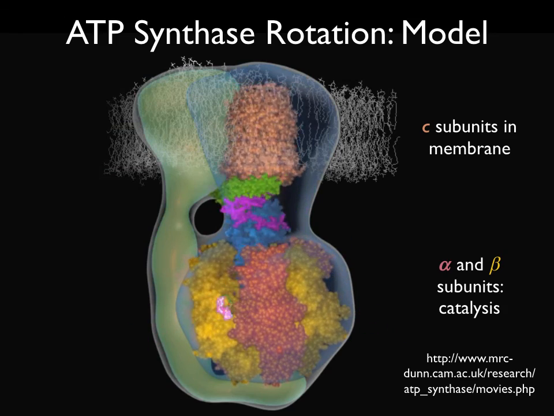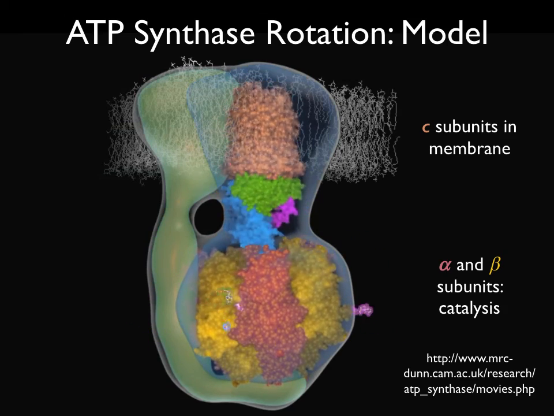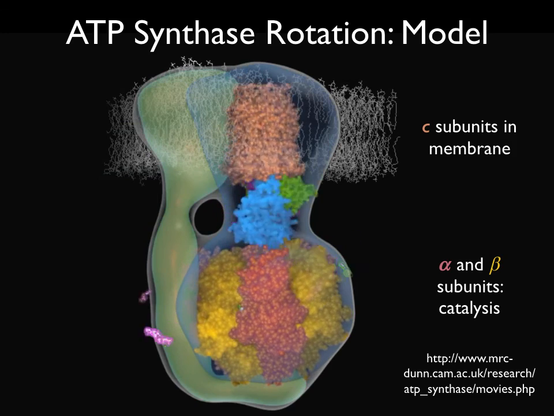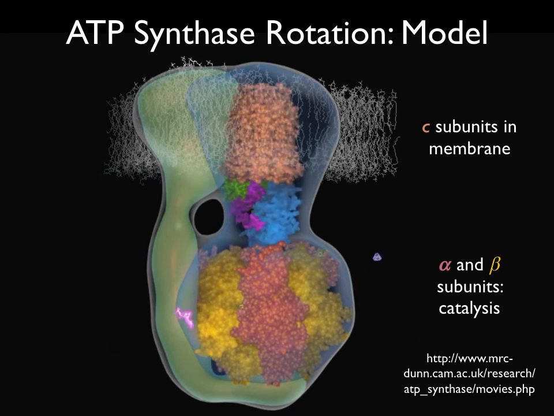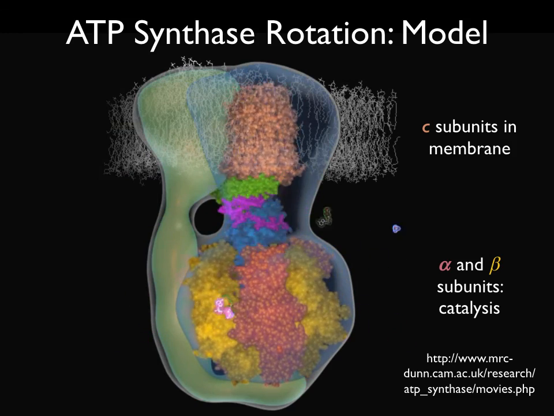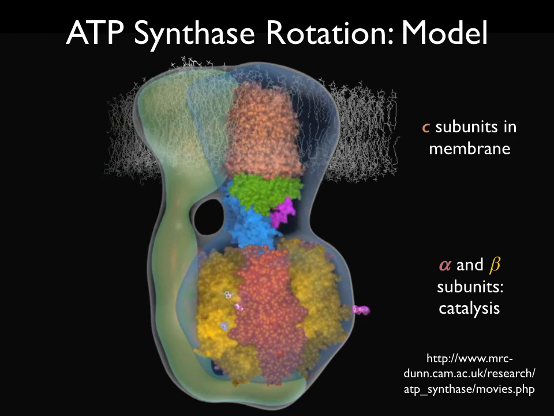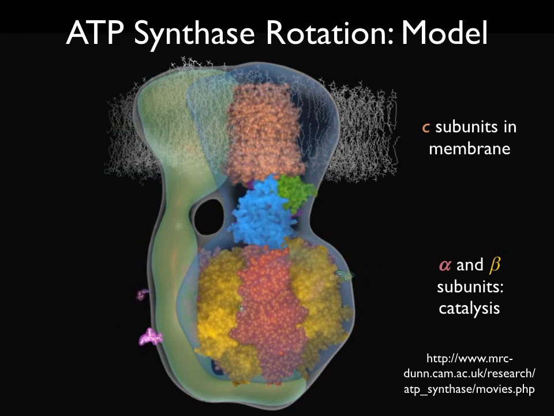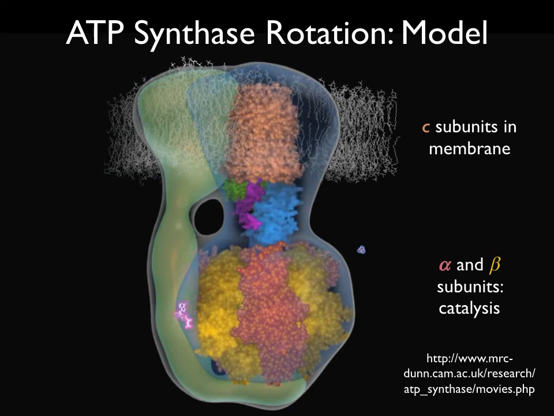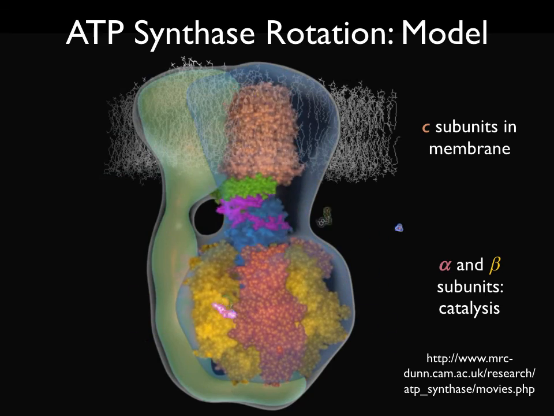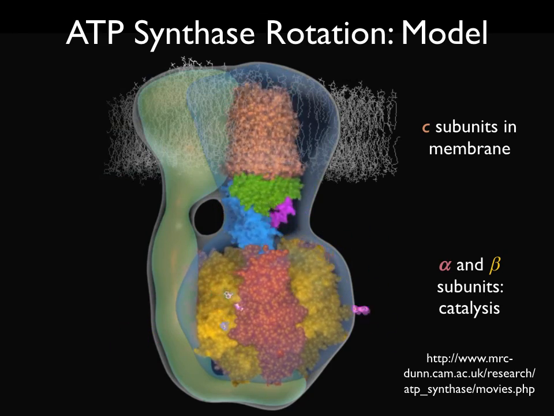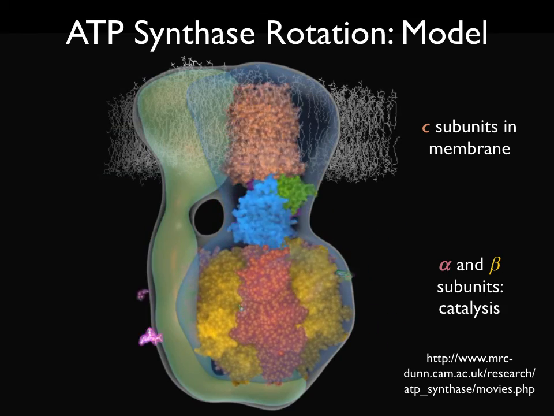So what you can see from this is that the beta and alpha subunits are stationary, and the C portion of the FO subunit is rotating, and it's connected via the shaft. And you can see that as this rotation occurs, it's displacing and affecting the alpha and beta subunits down below.